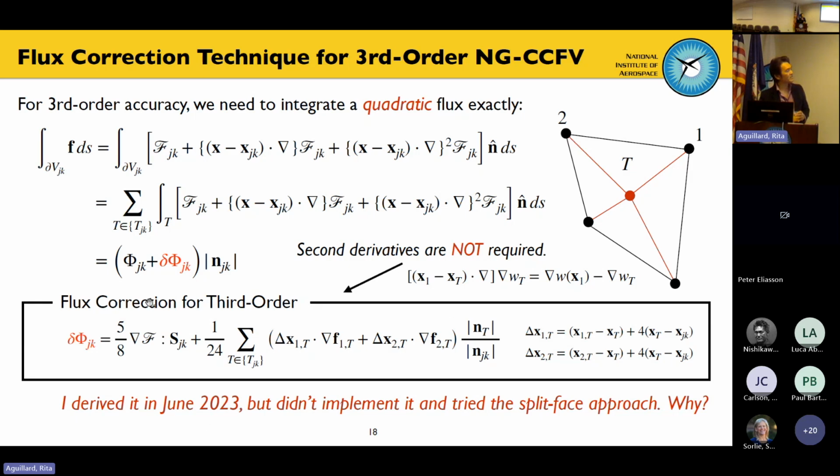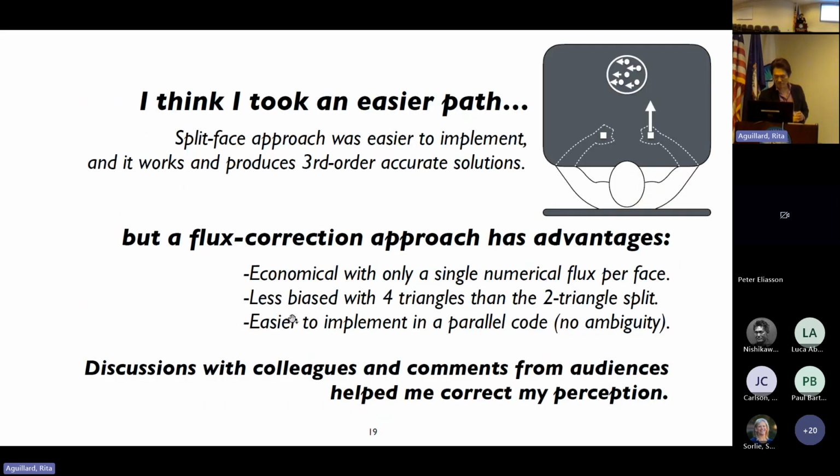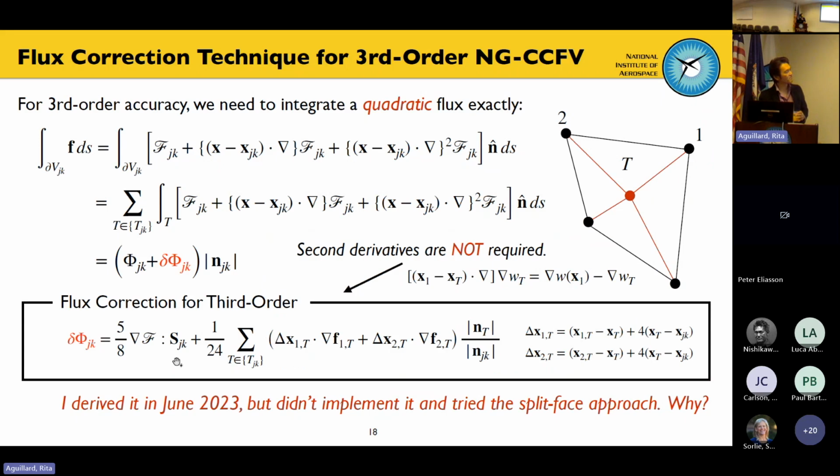And then I end up with this correction term for third order accuracy. The first term is the same as the second order correction, and the second term is the extra term required for third order accuracy. I derived it in June 2023, a long time ago, but I didn't implement it.